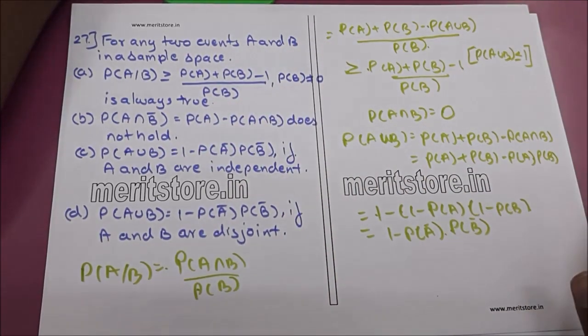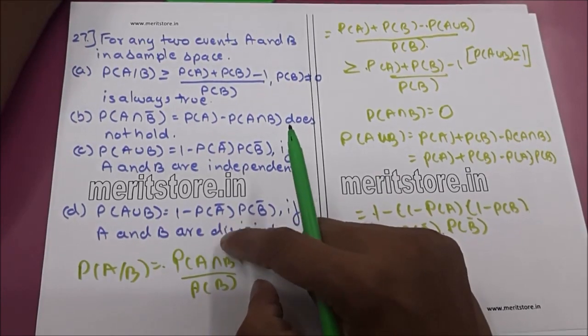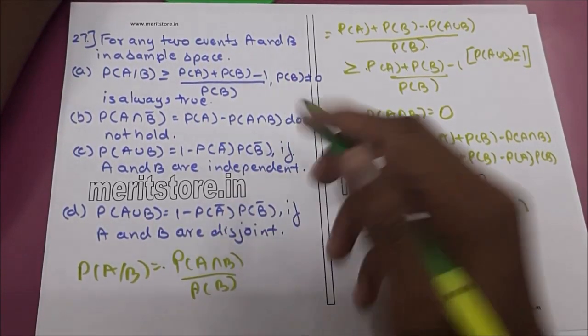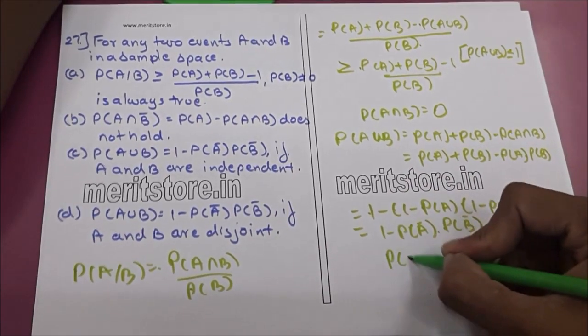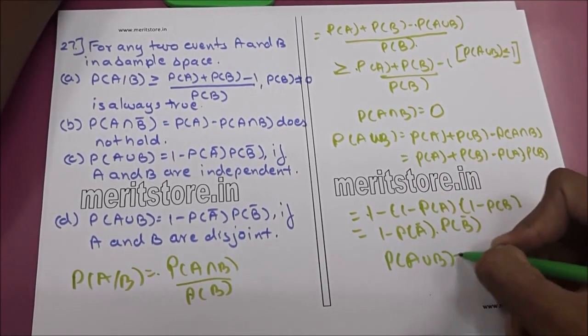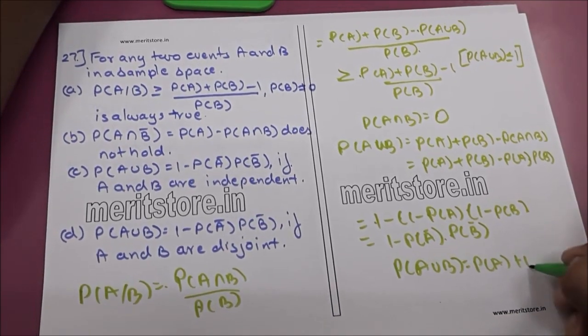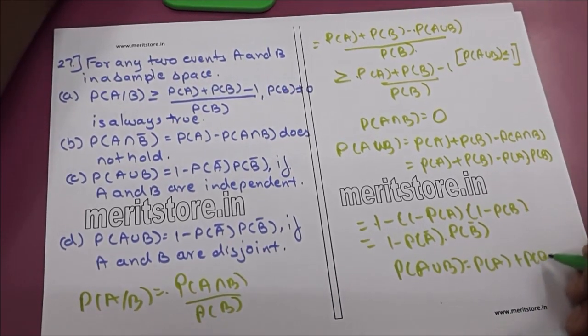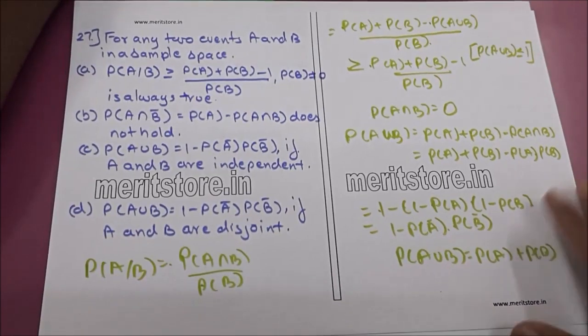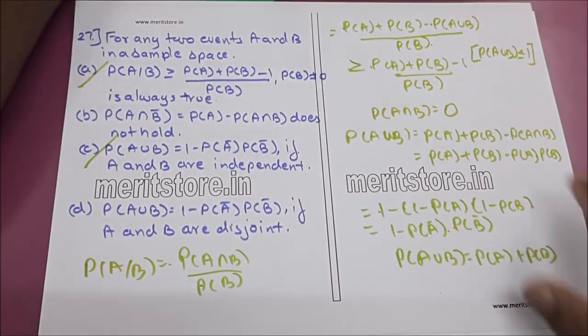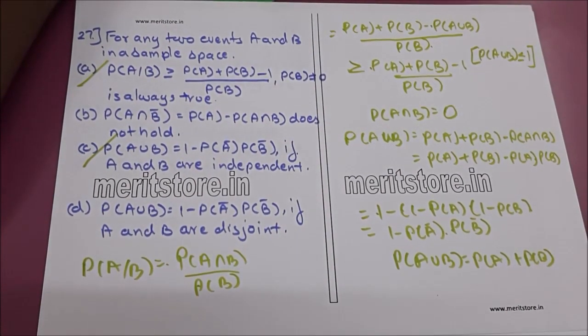Therefore option C is correct, but option D is not correct as it holds for disjoint events, that is probability of A union B is equal to probability of A plus probability of B. So we get two answers, that is A and C. Therefore options A and C are both the correct answer.